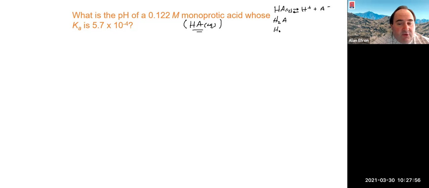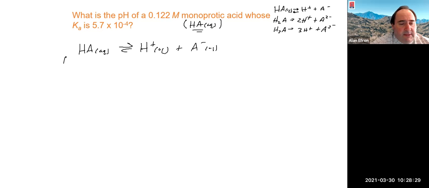If you had, say, triprotic H3A, the difference is on this side, you would have 2 H pluses and the A would be 2 minus. This guy would be 3 H pluses and the A would be 3 minus. So these are ways you sometimes can just use generic formulas. So we'll use this guy here, a monoprotic. So we'll just have our guy again breaking apart into H plus and A minus.